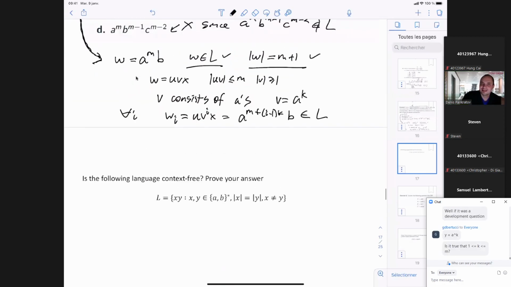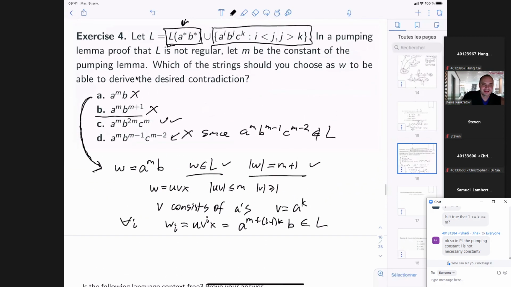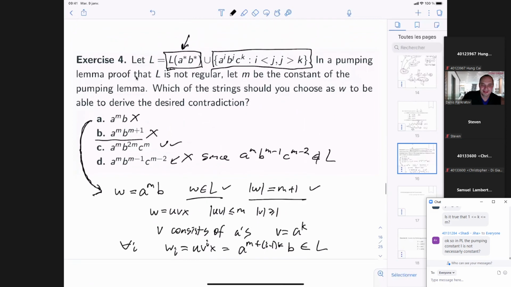Excuse me, sir? Sorry, for this second string, in this case, we're only pumping the portion, so we would say that y^i is the one that we're pumping, right? Because well, I called it V here, but yeah, whichever one you call it. Okay.